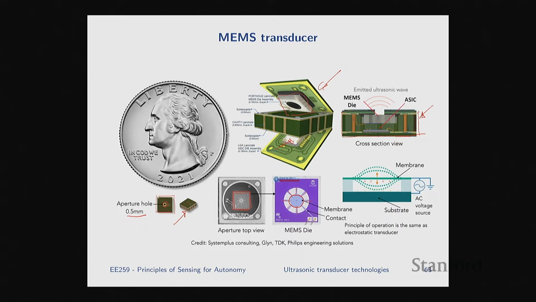And then the principle of operation is exactly like your electrostatic transducer. So this is your thin membrane, and then an alternating voltage is applied between the membrane and a fixed metallic surface. So again, you get your electrostatic alternating force, which causes vibrations of the membrane up and down. And that's how you generate your acoustic wave.